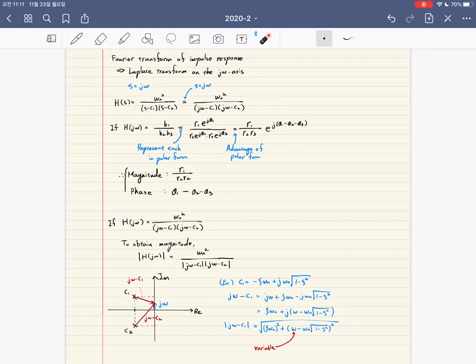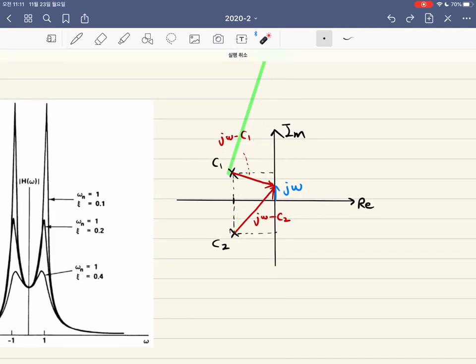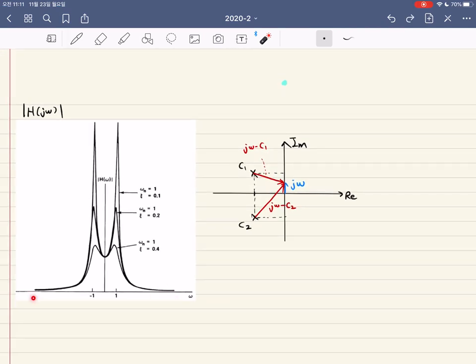So as omega changes, the value of the numerator does not change. However, the denominator varies, right? Therefore, it's obviously true that this magnitude gets smaller and smaller as omega gets bigger and bigger.